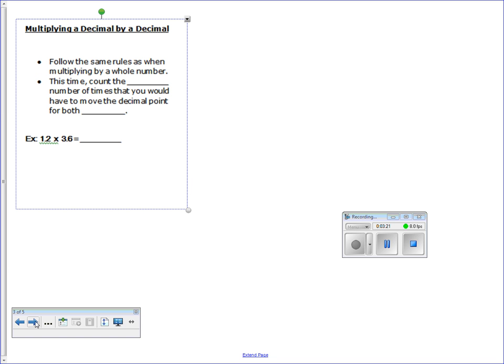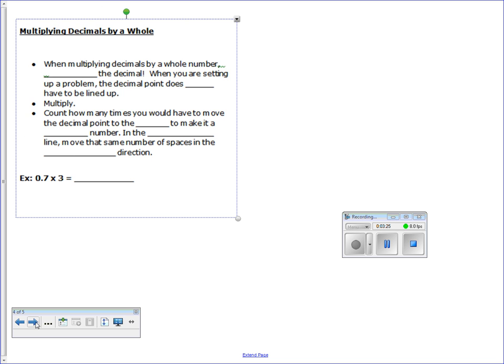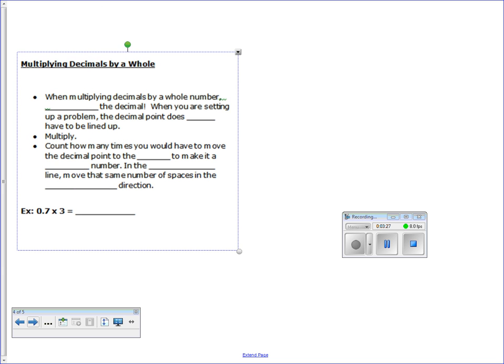Now let's go ahead and I'm going to skip through multiplying decimal by decimal. Let's start off by multiplying decimals by a whole number. So when multiplying decimals by a whole number, you're going to ignore the decimal.